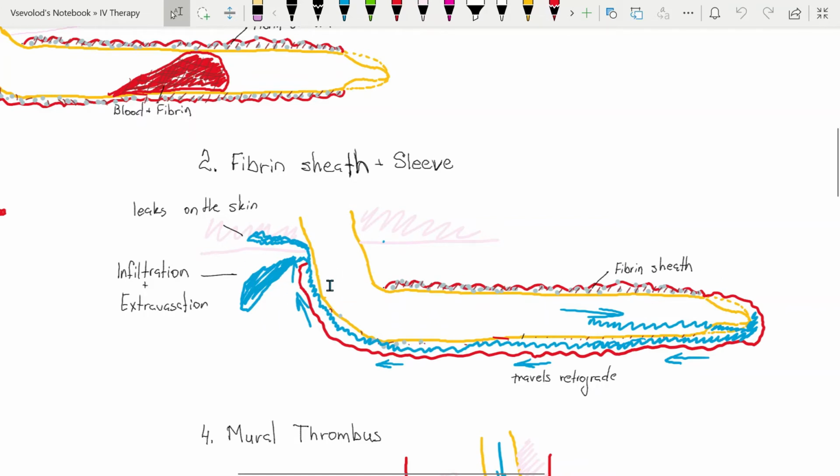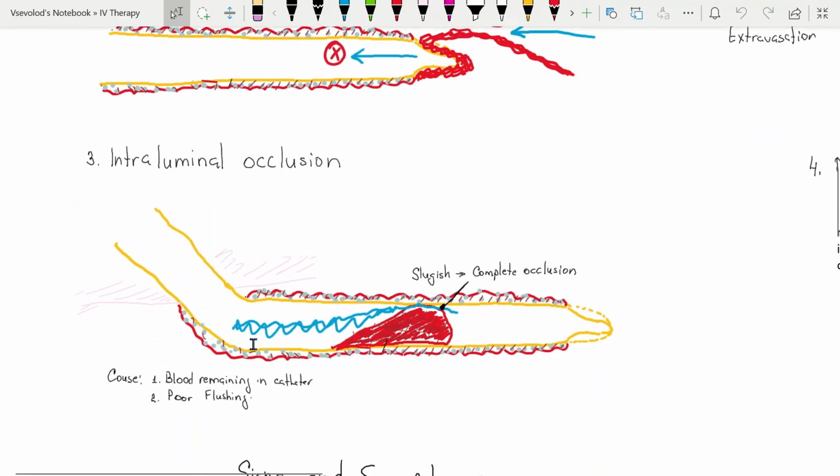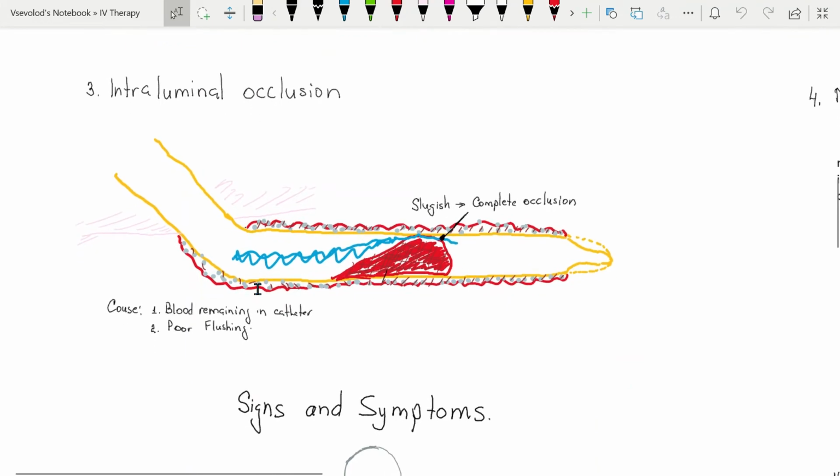The third type is intramural occlusion. Intramural occlusion is when a fibrin clot forms inside the catheter. Flow through the catheter becomes sluggish, then progresses to complete occlusion, in which it is not possible to infuse or aspirate blood from the catheter.